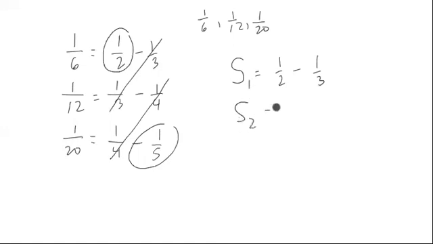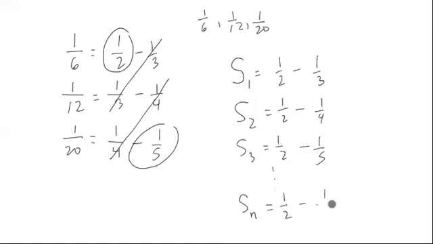S sub 2, we have 1/2 minus a fourth. So the first and the last are always preserved. S3 is 1/2 minus a fifth, and so forth. Can you come up with a formula for S sub n? Do you see a pattern? We'll have a 1/2, and notice that this 3 is 2 more than the 1, the 4 is 2 more than the 2, the 5 is 2 more than the 3. So we have 1/2 minus 1 over n plus 2. There's our formula for S sub n.